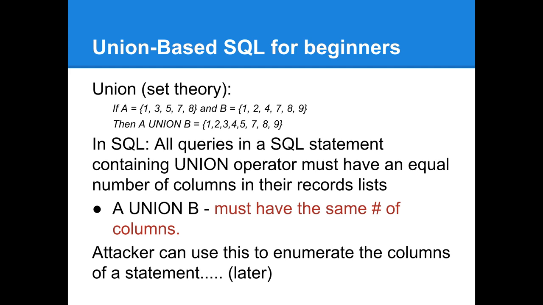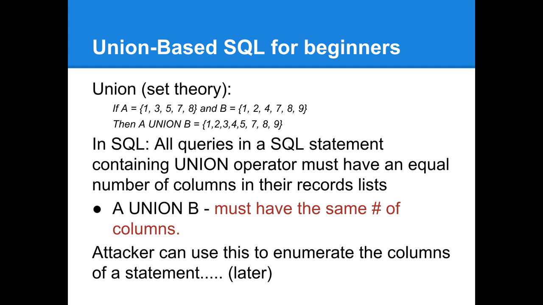The fact that this generates syntax errors if it's not used correctly allows attackers, when there's a SQL injection vulnerability, to enumerate the columns of any given vector by trying to union it with the result set of that given query that they're injecting into with some other query on another table, usually some standard table.